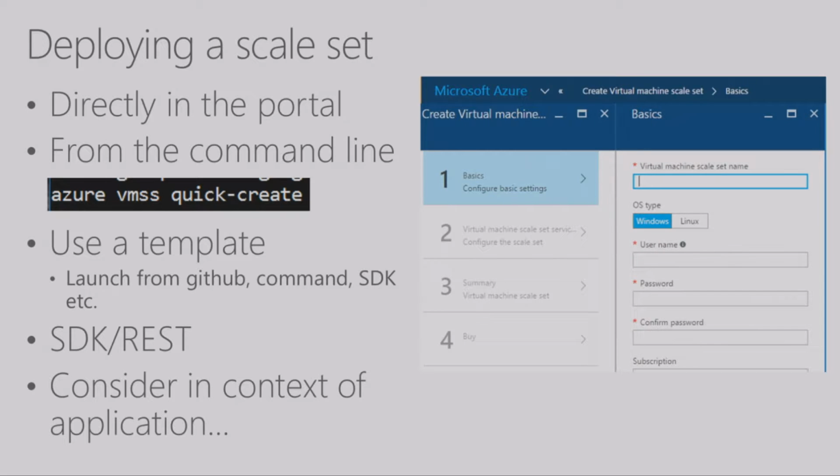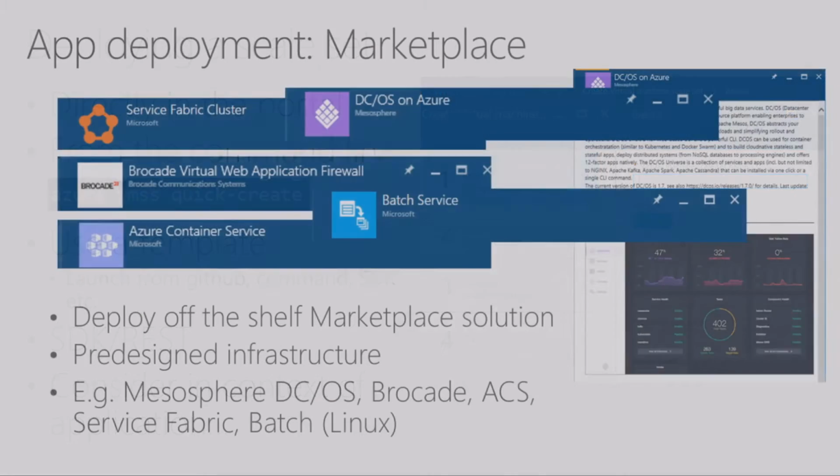And keep in mind, a lot of applications may use several of these application deployment methods. So let's start with perhaps the easiest one, which is if there's an application that's built on top of VM scale sets and somebody's created a marketplace entry for them, then it's very easy. It's an off-the-shelf marketplace solution, and you can go deploy it directly from the Azure Marketplace.